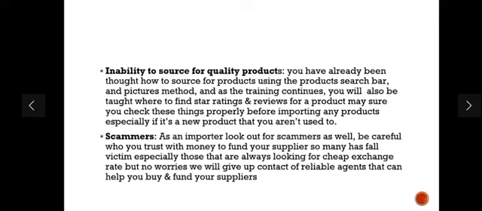And then we have scammers. As an importer, you need to look out for scammers as well. Be careful with who you trust with your money to fund your supplier. Many people have fallen victim, especially those who are always looking for cheap exchange rates.